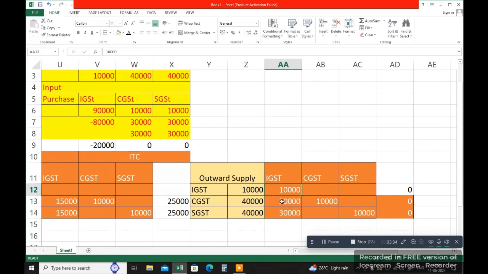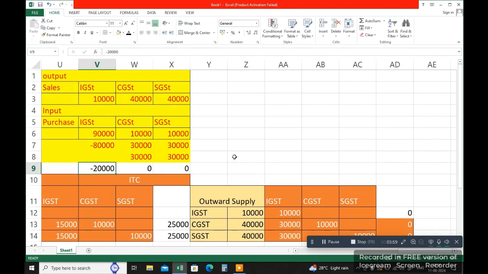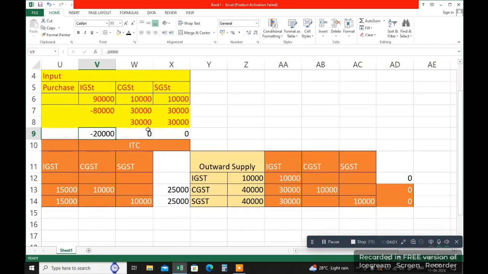So total how much we have utilized out of actually 90,000? 70,000 we have utilized. So 10,000 is what? Excess of IGST, which will carry forward to the next month for GST calculations. Okay, so this is the way we are calculating the GST. You remember, this is very important for GST calculation.